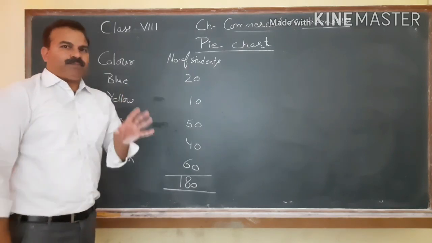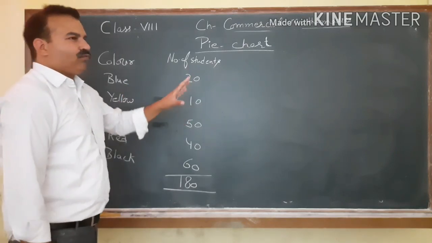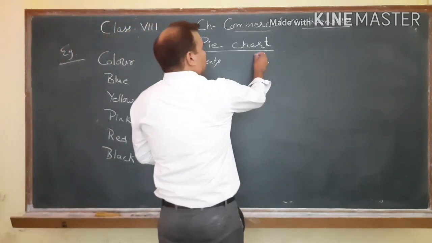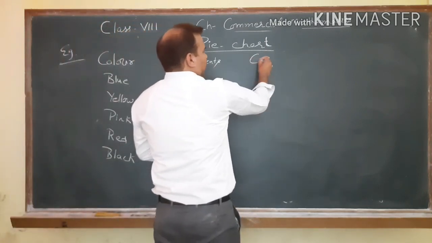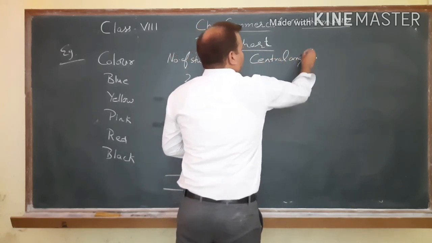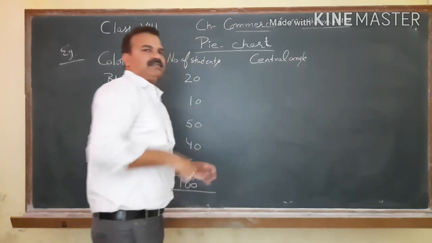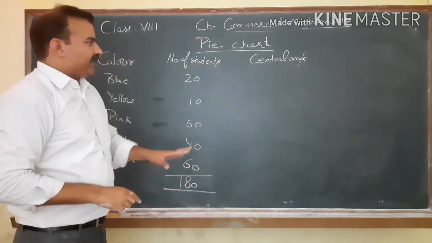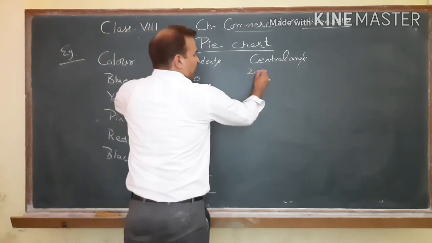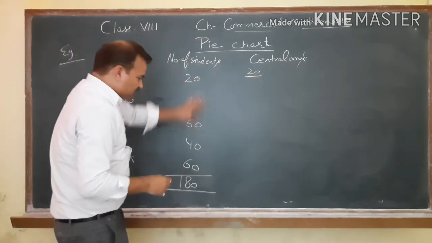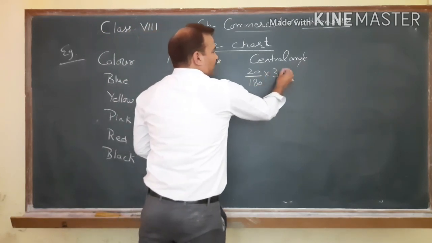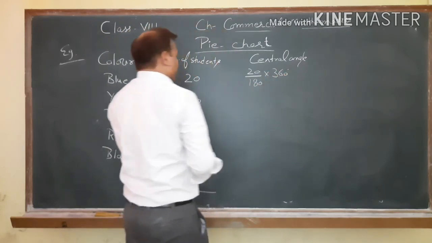Now to draw the pie chart, we have to first find the sector angle, or we can use central angle, that is the angle at the center. For that, we write this value 20 upon the sum of these, that is 180, multiplied by 360.